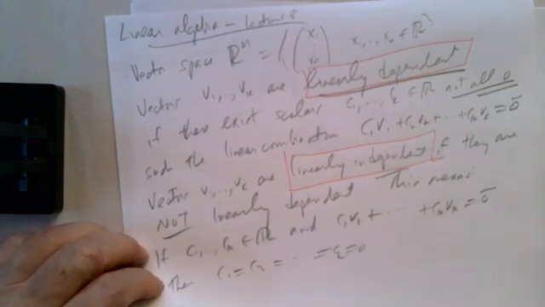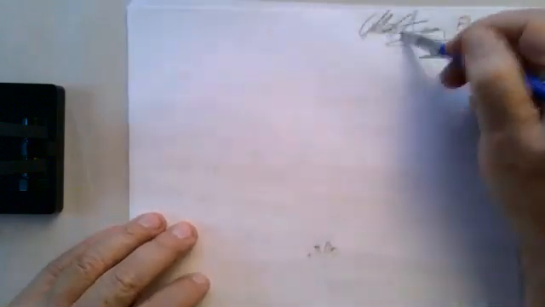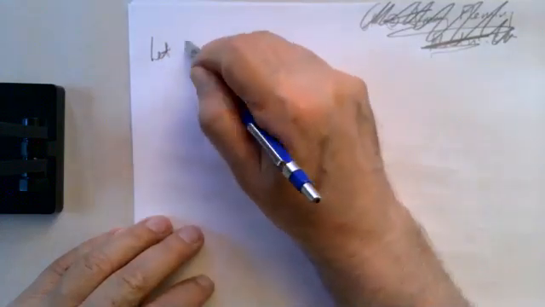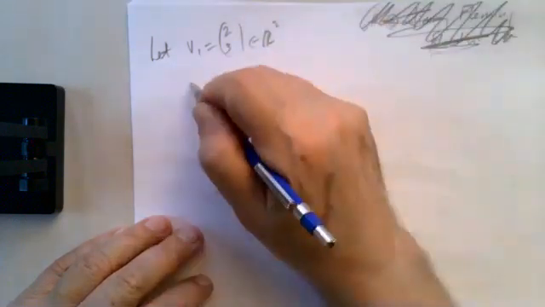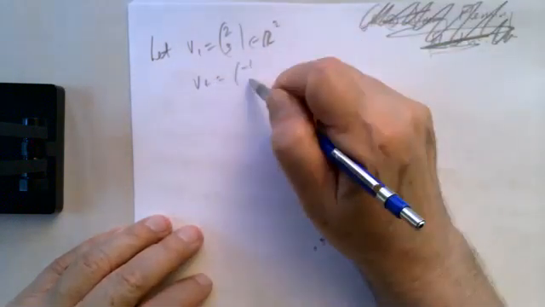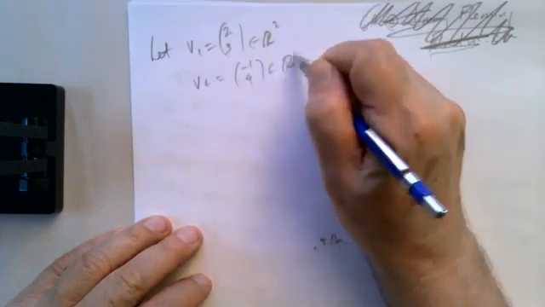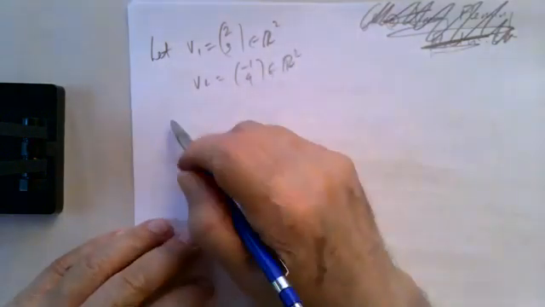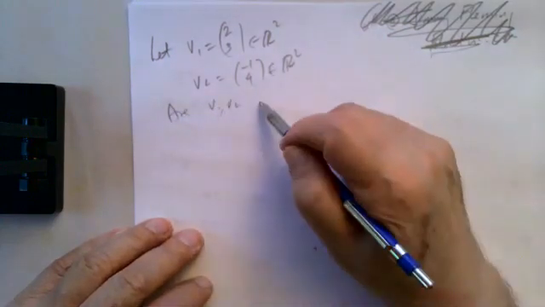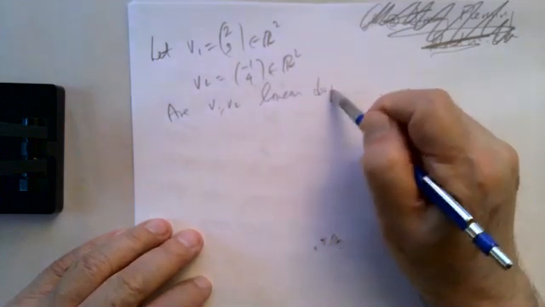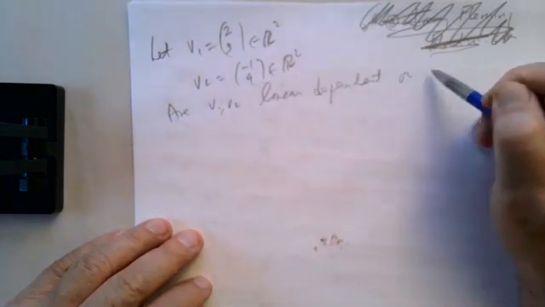So if you're given a set of vectors, how do you determine which it is? Let's just take an example. Suppose we take v1 equal to 2, 3 in R2, and v2 equal to -1, 4 in R2. And the question is, are the vectors v1, v2 linearly dependent or independent?